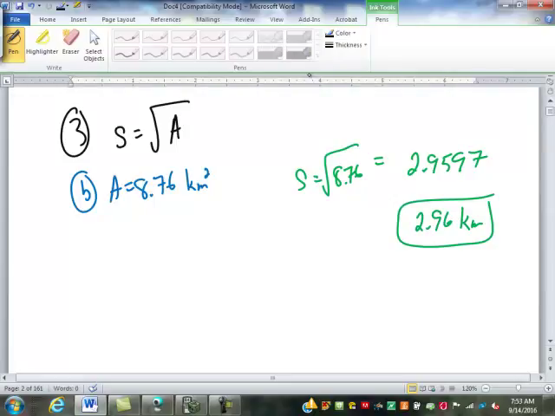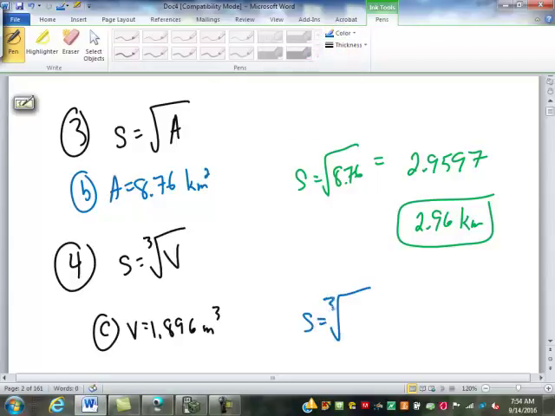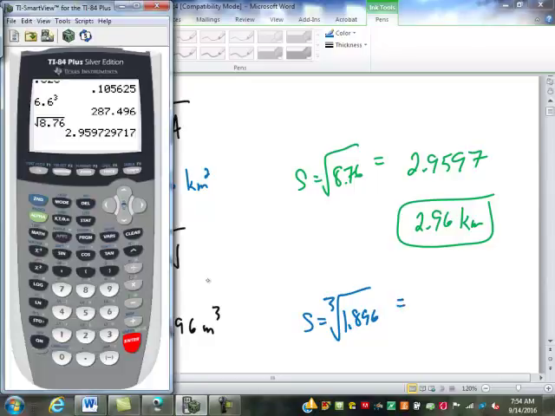And then number 4, given the volume, the length of the side is equal to the cubed root of the volume. So if we look at letter C there, we're given that the volume is 1.896 meters cubed. The length of our side is going to be the cubed root of 1.896. Where's my X root key here? Oh, shoot. On this one, I got to do this.